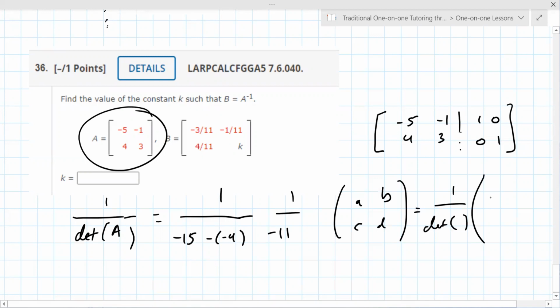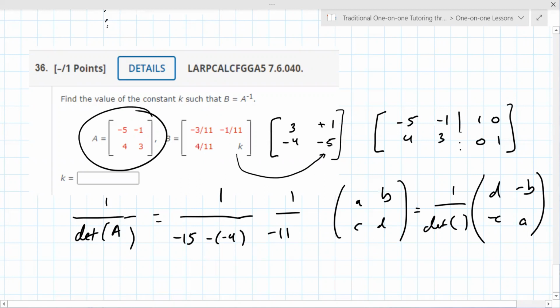I believe you flip D and A, and then you negate B and you negate C. And so if you factor in 1 over -11 in each, you would have 3, +1, -4, and you would see that this should be -5 down here. So K is -5 times this, so it's going to be 5 over 11.